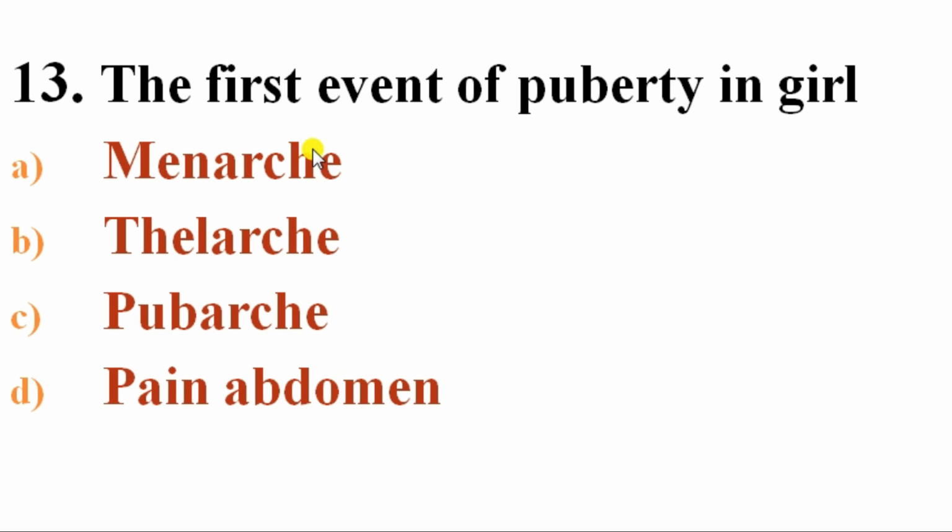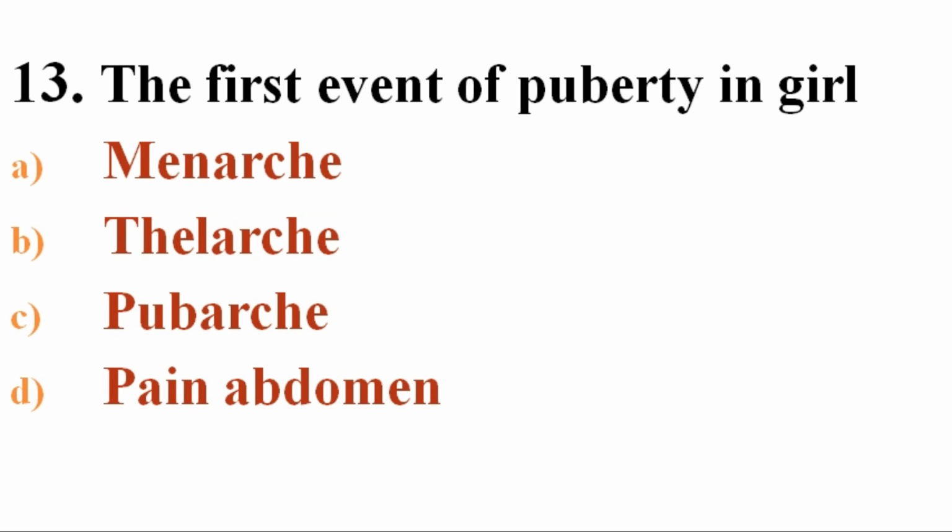Next question, the first event of puberty in girl. Options: A menarche, B telarche, C pubarche, D pain in abdomen. Answer is B, telarche. So telarche is the first event of puberty in girl.